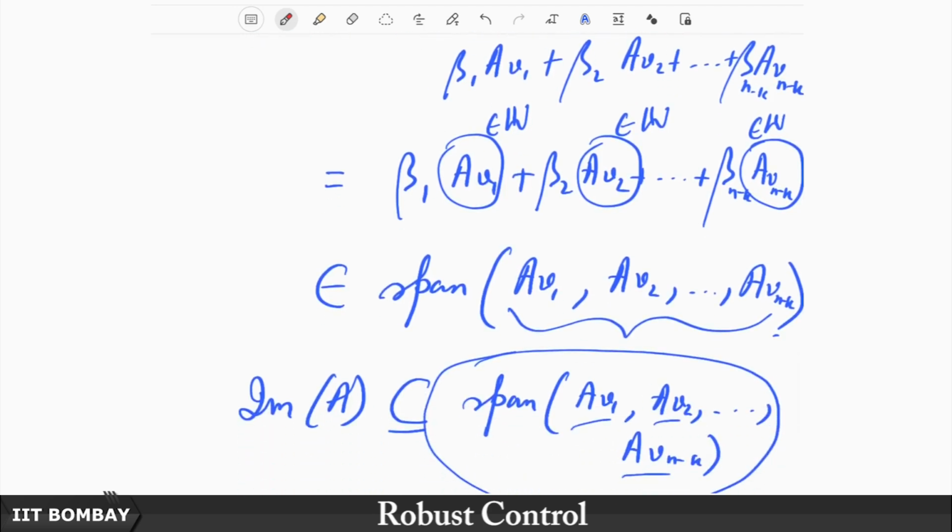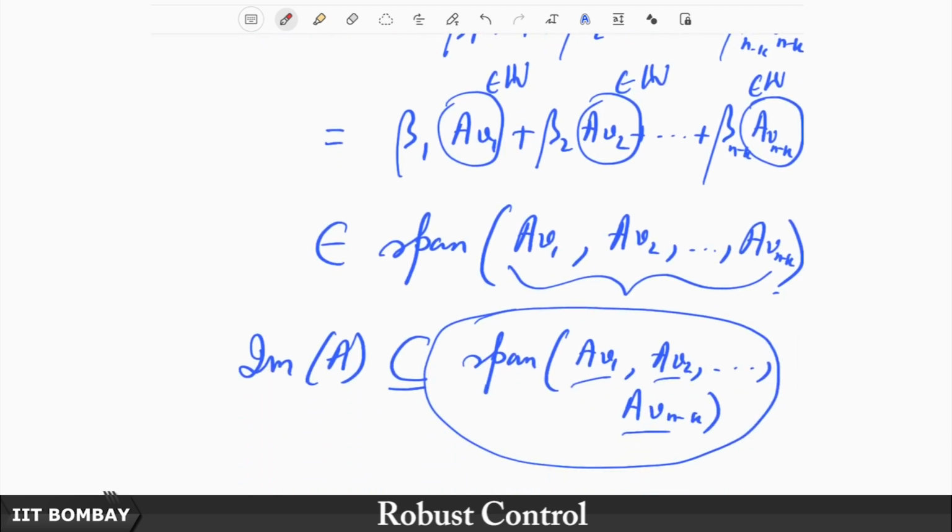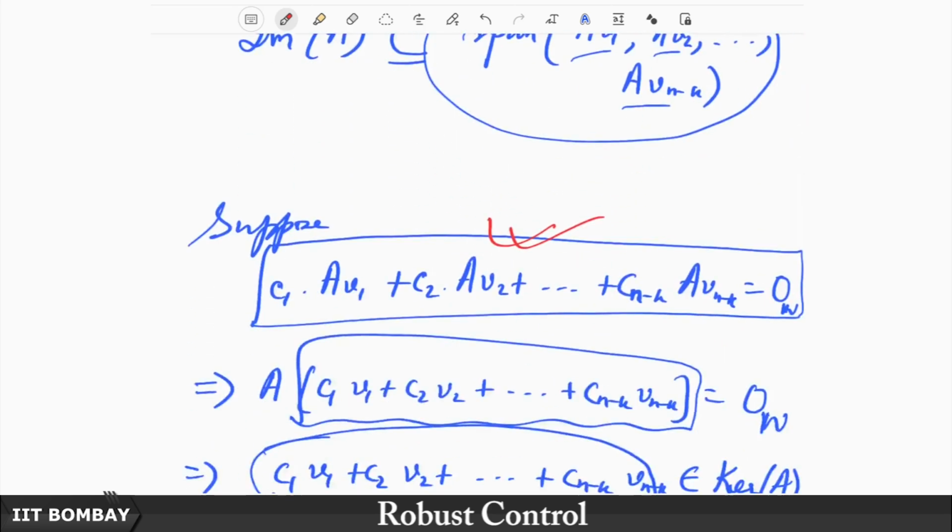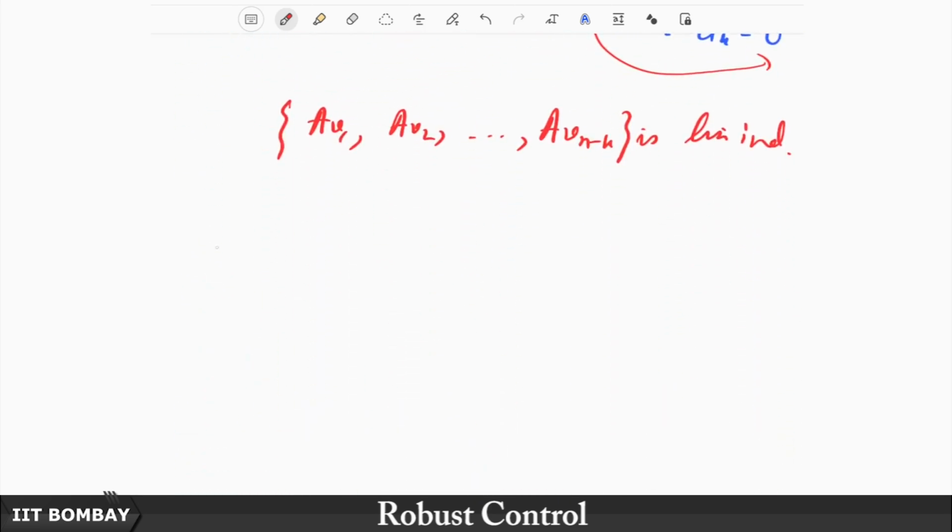You do not need any other vector. So, it definitely belongs to the span of this. So, this is a spanning set, it is a linearly independent set, and therefore, this is the basis.